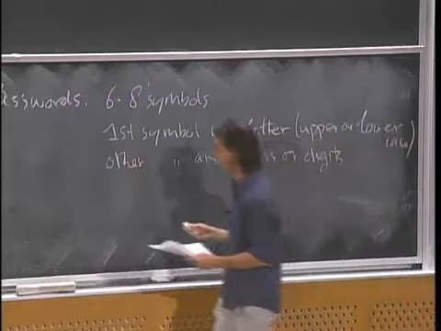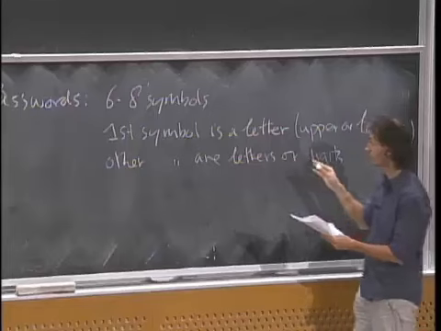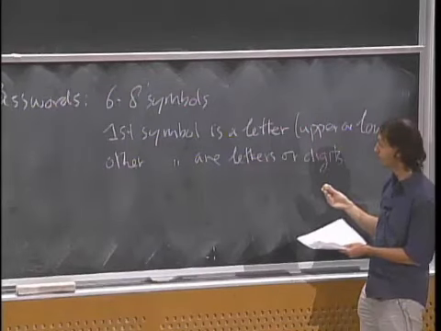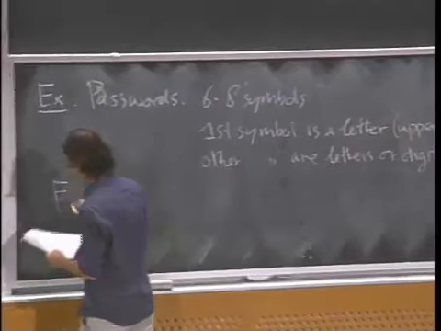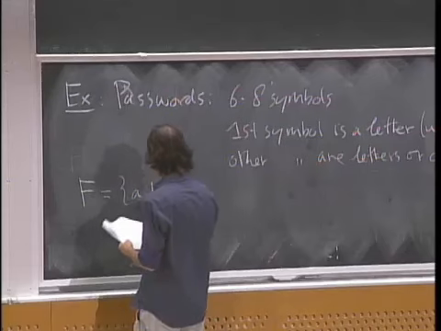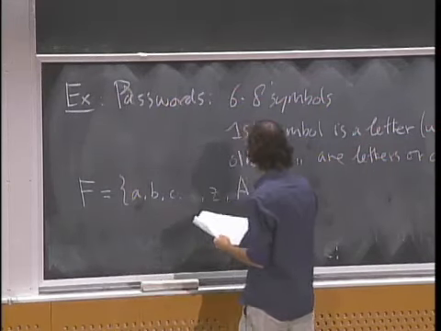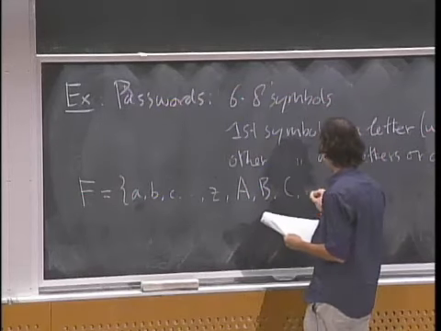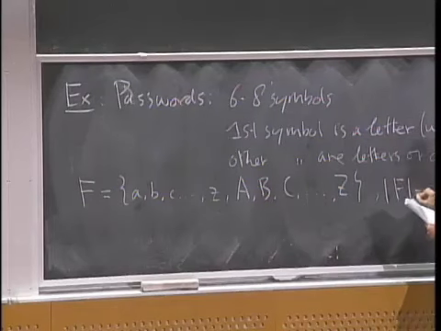So let's define what kind of sets we are taking the symbols from. The first set is for the first symbol, which we call F, for first. We have all the letters A, B, C in lowercase, and then all of them in uppercase. And in total, we have 52 elements in this set.